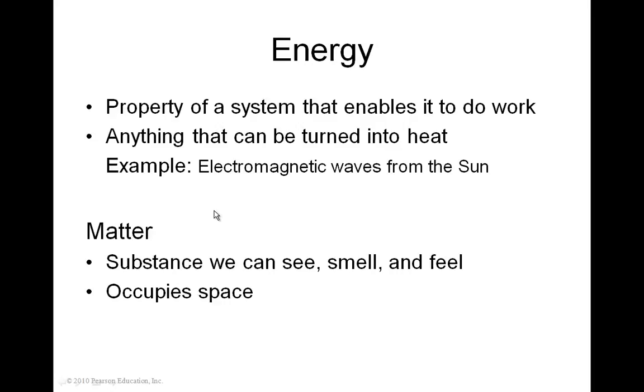So one example is electromagnetic waves from the sun. Electromagnetic waves include the visible light that we see, and other light like UV light, ultraviolet light, or infrared light. And when those hit the earth, you can see that the earth is going to heat up. And so you can see that that must be some type of energy because it gets turned into heat.